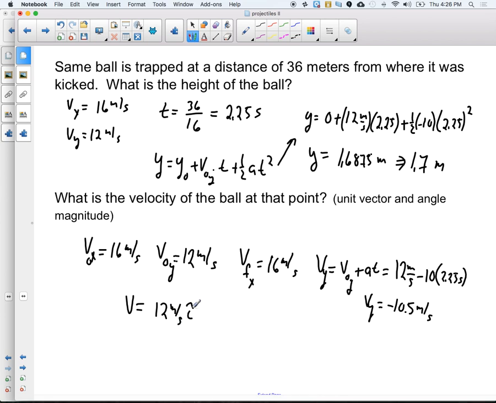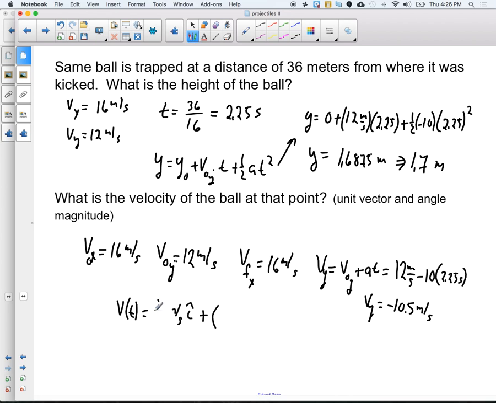So one thing I could write would be the velocity is equal to 12 meters per second i hat. And actually, let me do this. V as a function of t would be, oops, hold on a second, sorry guys.